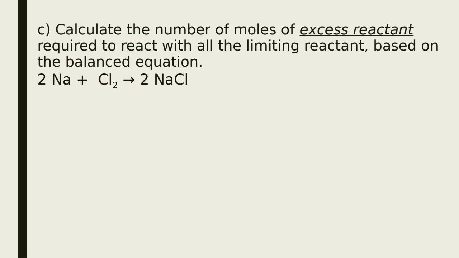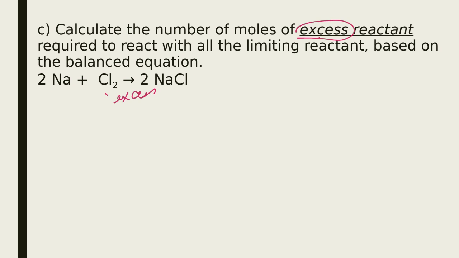Now that we know which reactant is limiting, we can also ask questions about the excess reactant, which we know is chlorine. So chlorine is our excess based on the step previous. And it says, calculate the number of moles of excess reactant required to react with all of the limiting reactant based on the balanced equation.